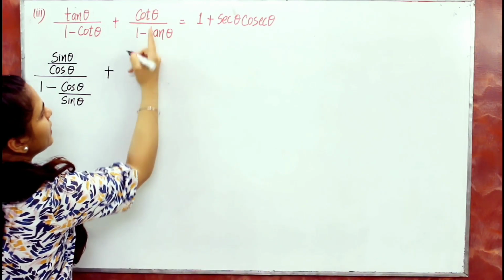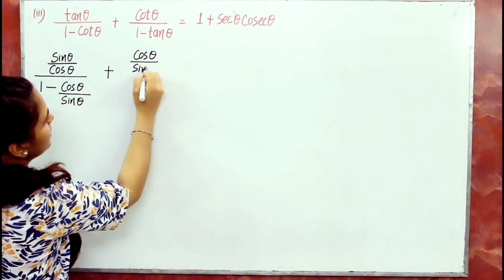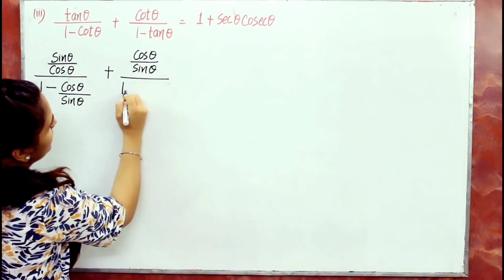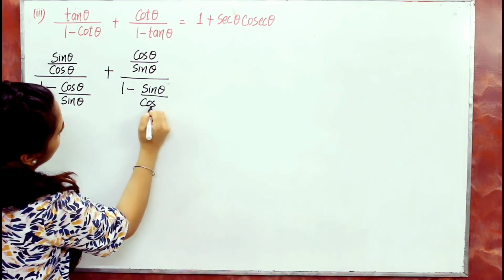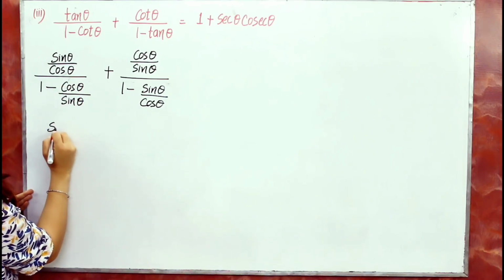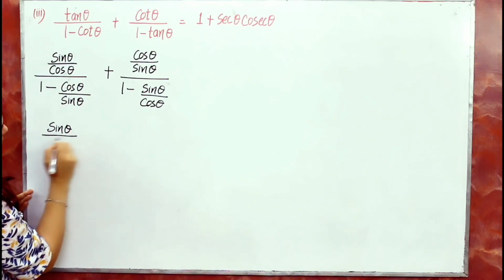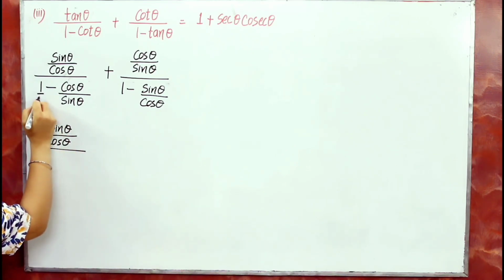And similarly you can convert cot theta into cos theta upon sin theta and tan theta as sin theta upon cos theta. Now we have to simplify this. Sin theta upon cos theta will be the same, and here you will take the LCM.